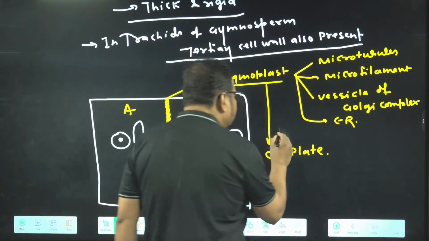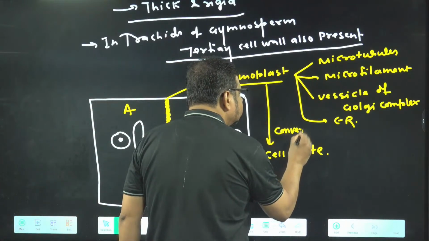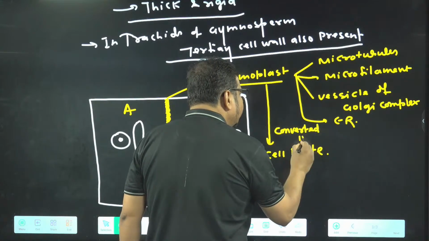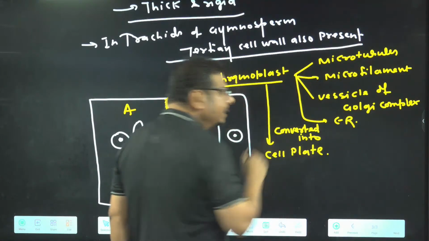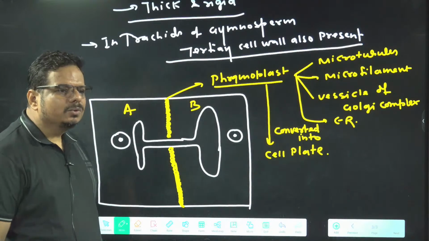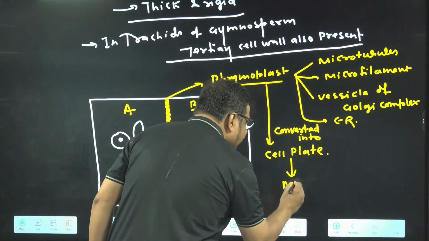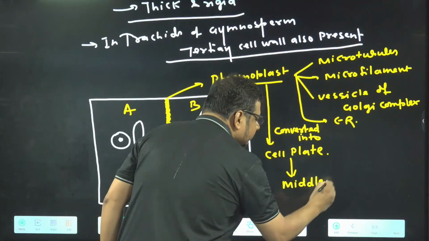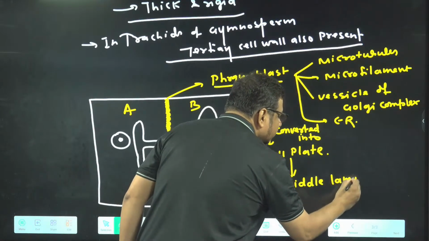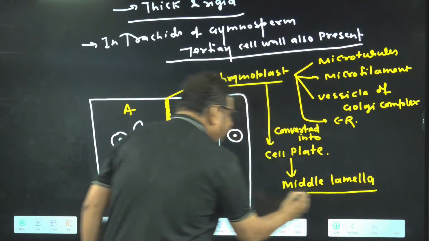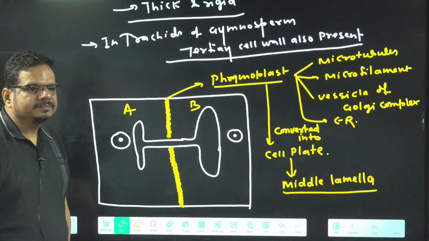Later on, these phragmoplasts converted into cell plate. Later on, this cell plate converted into middle lamella.